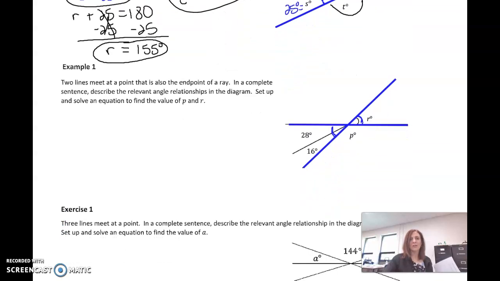I'm not going to do this in a complete sentence here, but I'm going to say we have vertical angles, abbreviated like that. So vertical angles are congruent. That means R right here has to be equal to, put 28 and 16 together, just add them together, and we'll know that R equals 44 degrees.